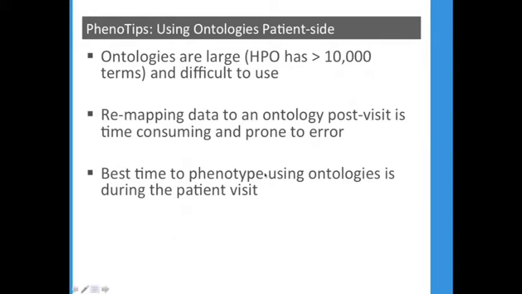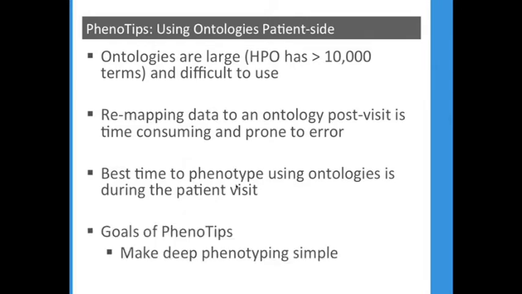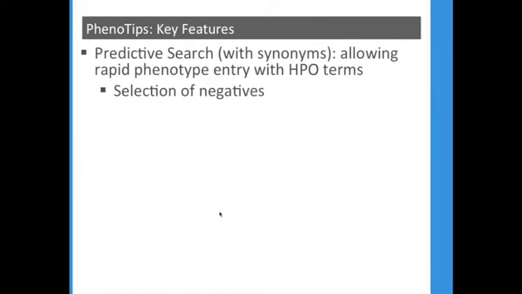At the same time, the best time to phenotype using the ontologies is during the patient visit. So the goals of PhenoTips were to make deep phenotyping simple and make it faster than paper. I'm not sure if we've completely succeeded in the faster than paper part, but at least it's a matter of a few minutes per patient to add all the phenotype terms that are relevant for that patient.